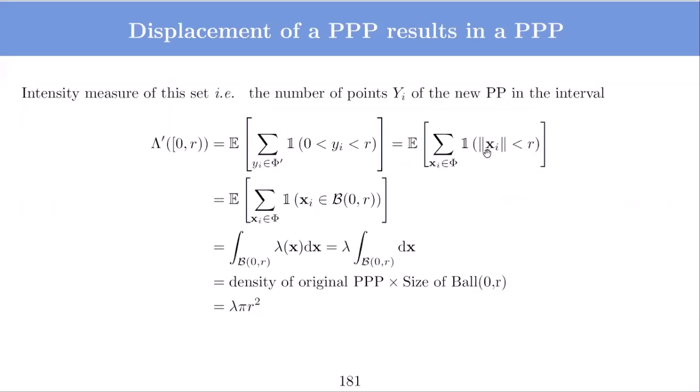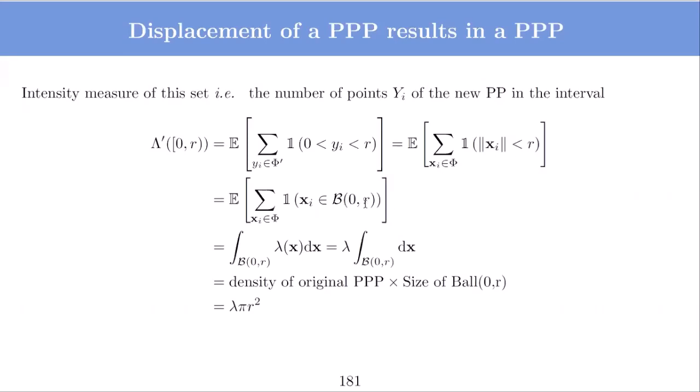Saying that norm of xi is less than r is the same as saying xi belongs to the ball of radius r at 0. So if you go to each point and ask, are you in ball B(0,r) or not, and add it up, you get the total number of points in the ball. You take the expectation, and what you get is the total mean number of points in this ball, which is nothing but the intensity measure of the original point process of this set.